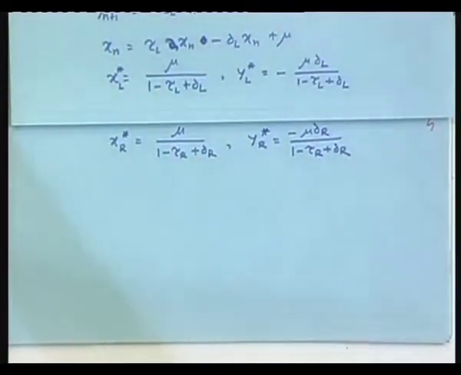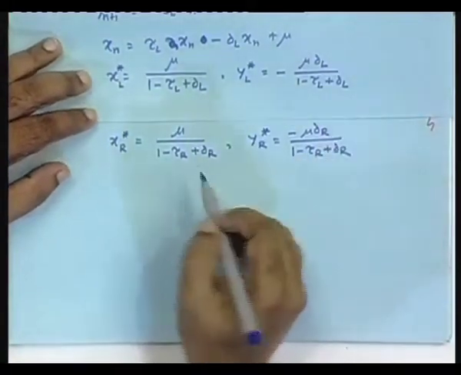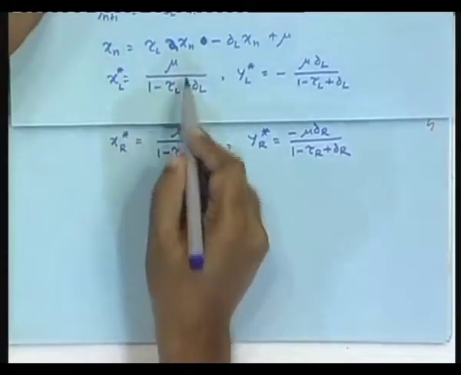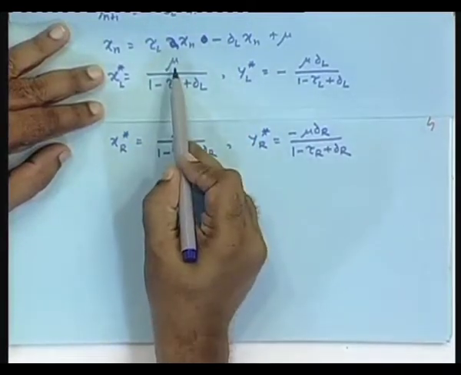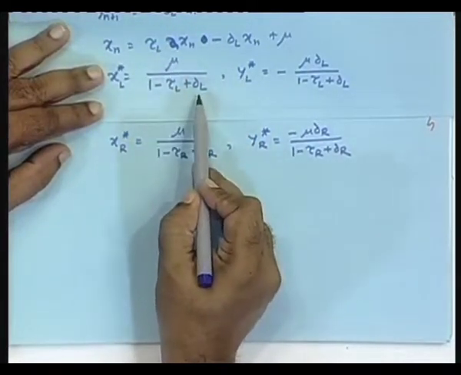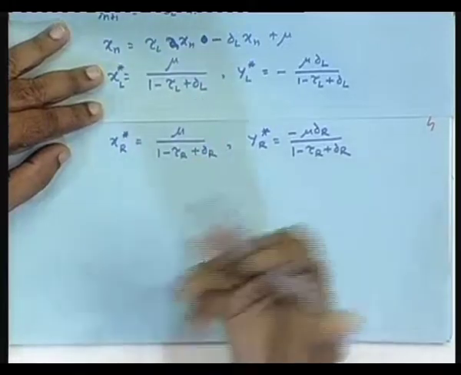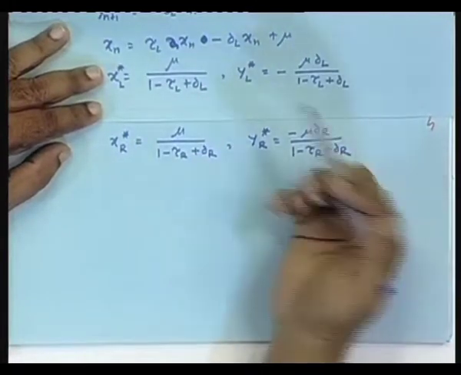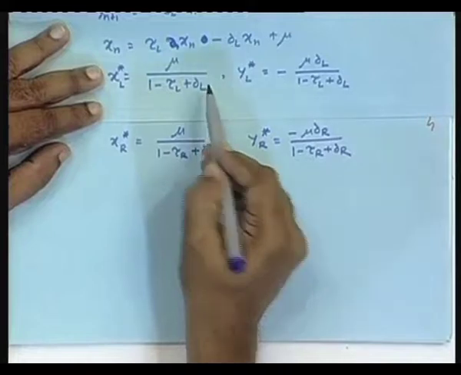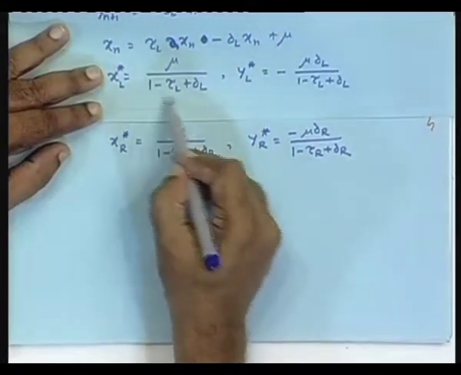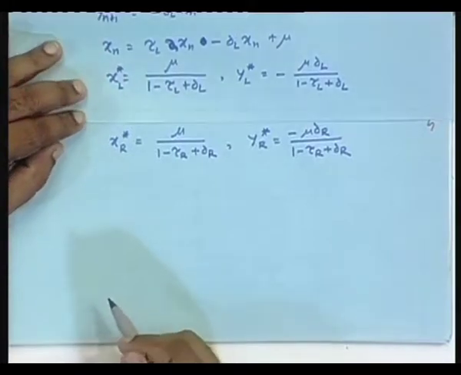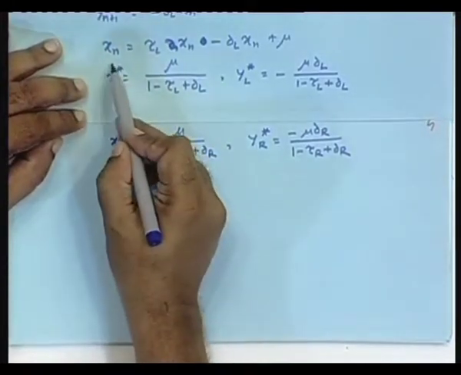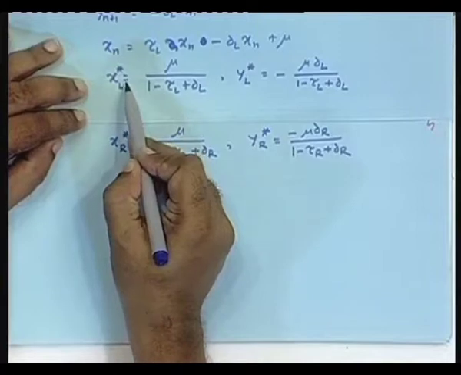Now, notice that this term and this term contain mu, they contain the trace and the determinant, and the trace and the determinant may have a positive value and a negative value, giving a positive or negative value to the denominator. At the same time, mu can be positive or negative, and as a result, the x L star could be positive or negative.